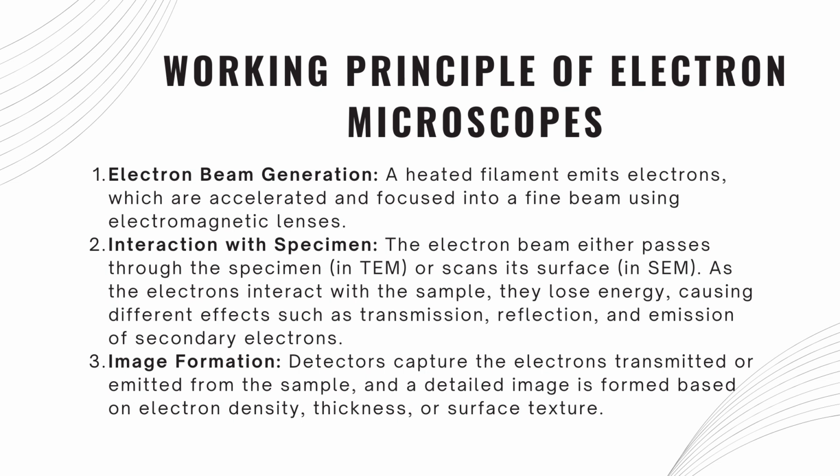As the electrons interact with the sample, they lose energy, causing different effects such as transmission, reflection, and emission of secondary electrons. Image formation. Detectors capture the electrons transmitted or emitted from the sample, and a detailed image is formed based on electron density, thickness, or surface texture.